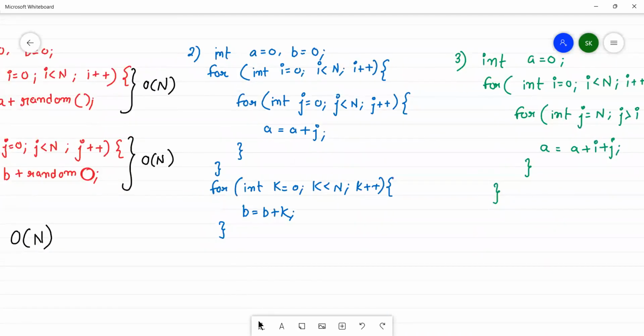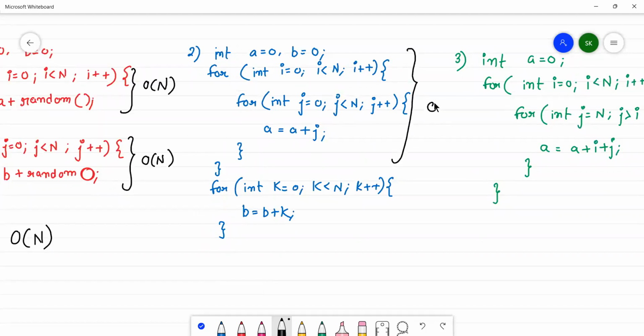This also was very simple. This is going to take order of n square. This is going to take order of n. Overall complexity will be order of n square. Everyone clear with these two questions or not?